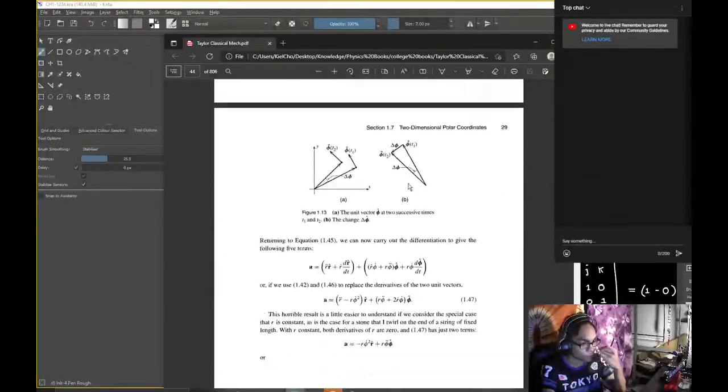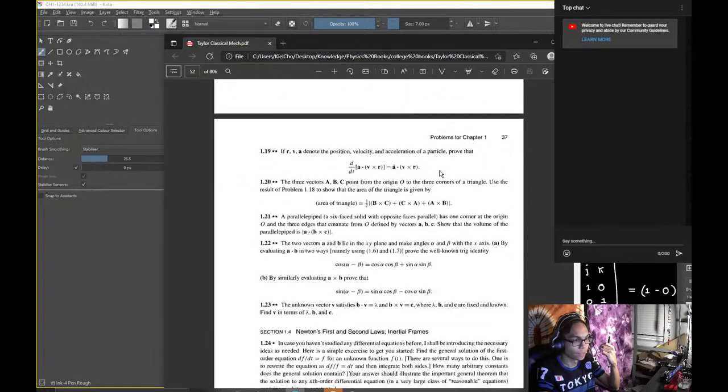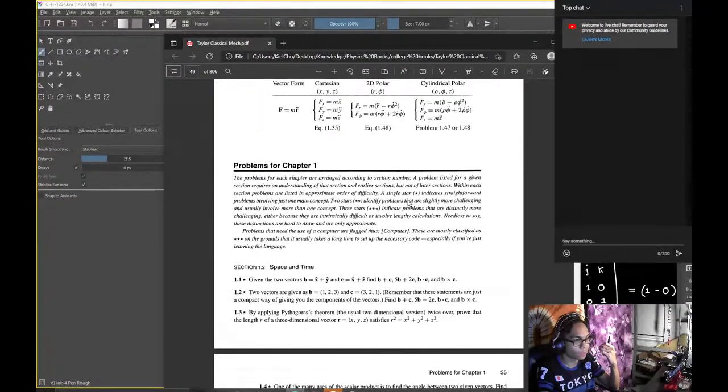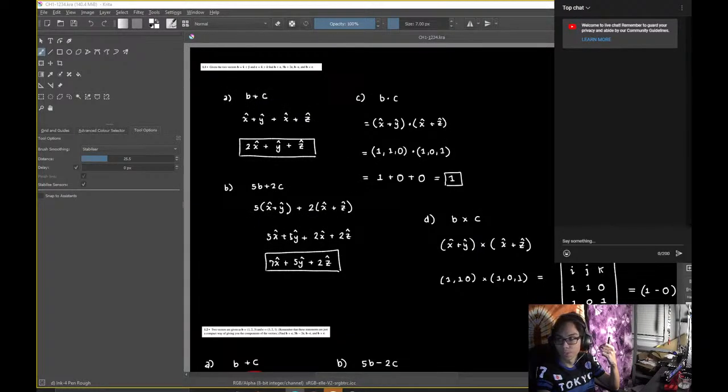So I would like to make some corrections from last time, though. I did make a small mistake on section 1.1 and 1.2. So let's give that a little whirl.